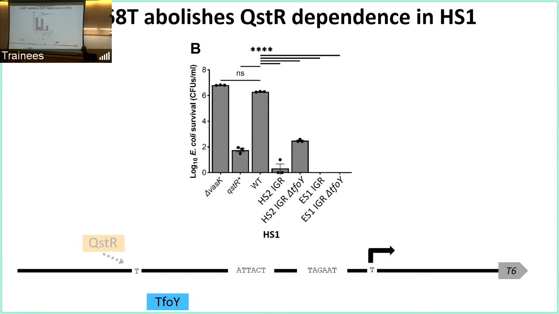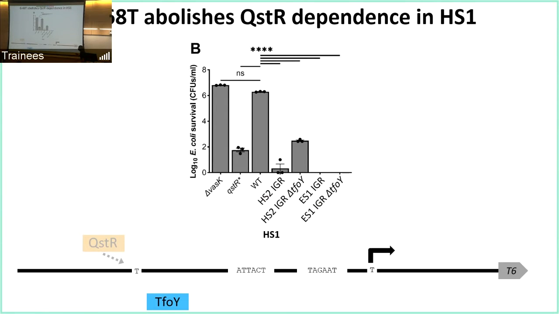When I replace the intergenic region with the HS2 one, remember there's only one point mutation from G to T, it starts killing again. And that's only one point mutation that triggers the type 6 killing. And then when I knock out T4, which is the regulator in HS2, it stops killing a little bit. It's not like the type 6 minus control, but it's decreasing.